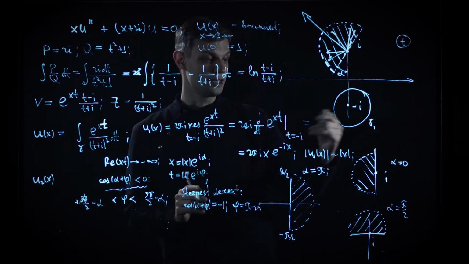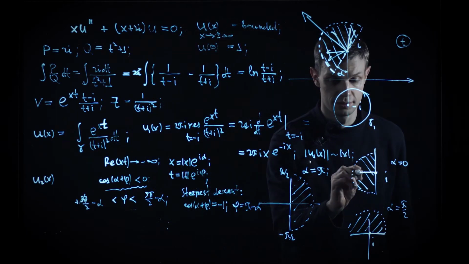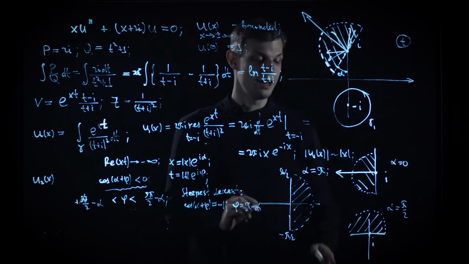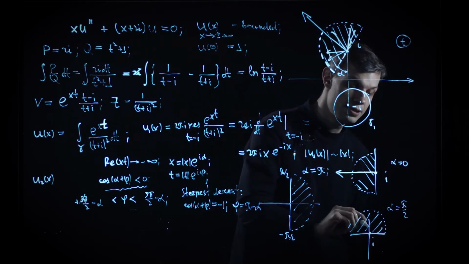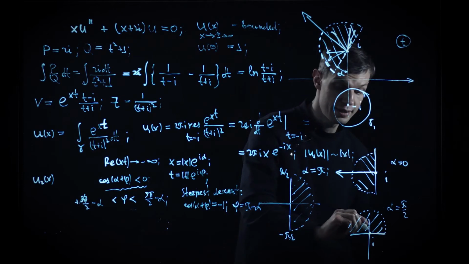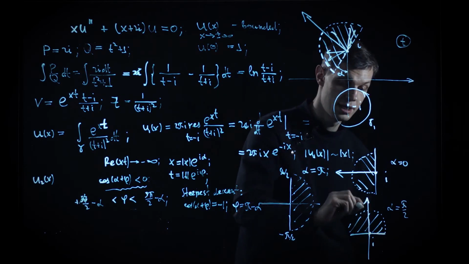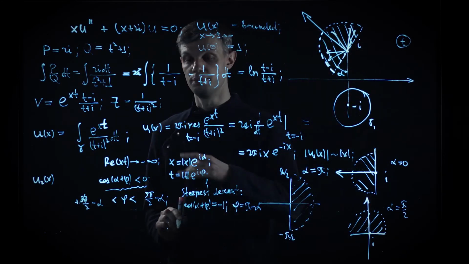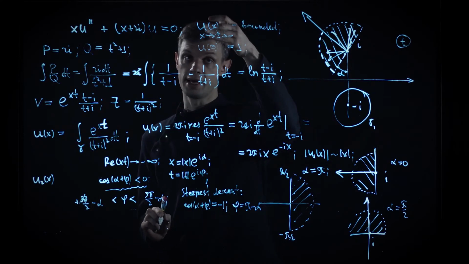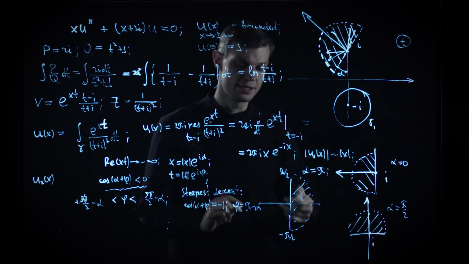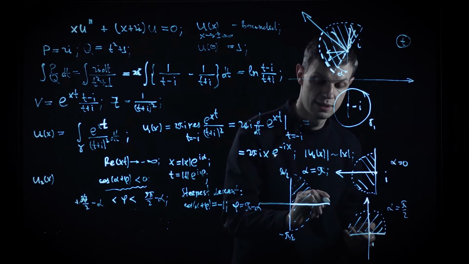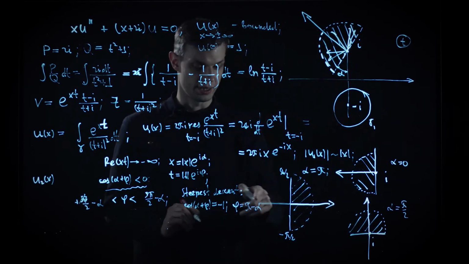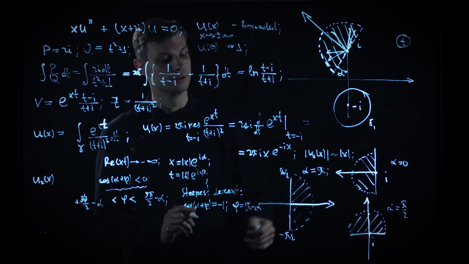For alpha equals 0, it's this direction. For alpha equals pi by 2, it's this direction. And for alpha equals pi, which is when x tends to minus infinity, it's this direction. Again, pi minus pi, 0.